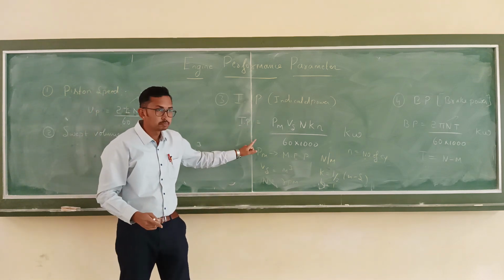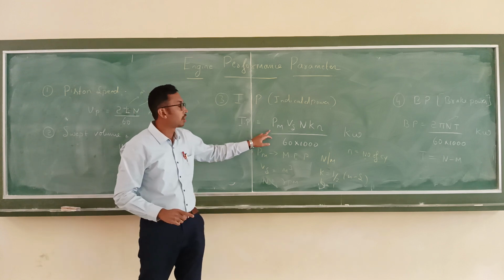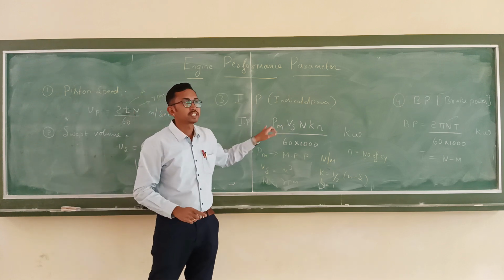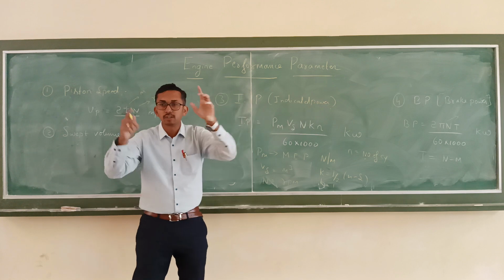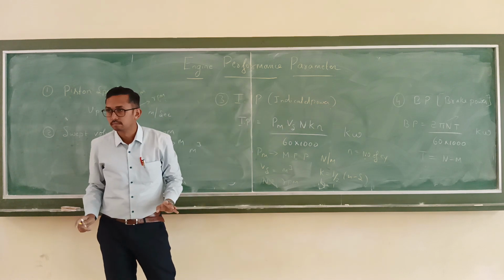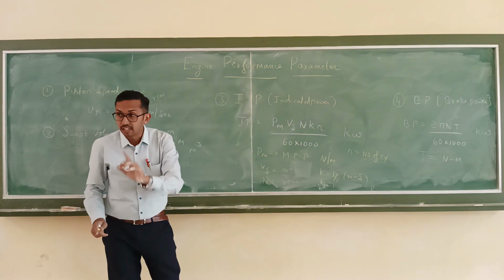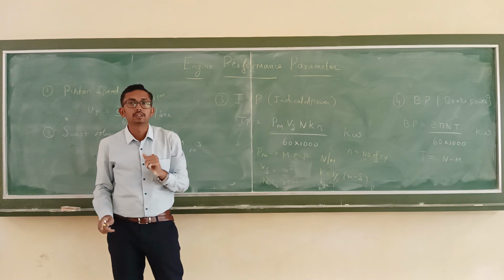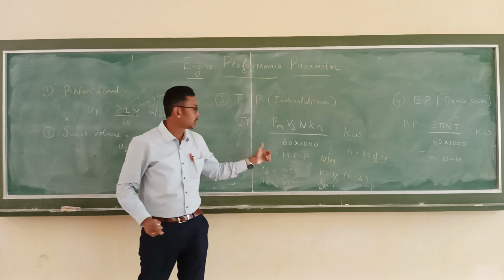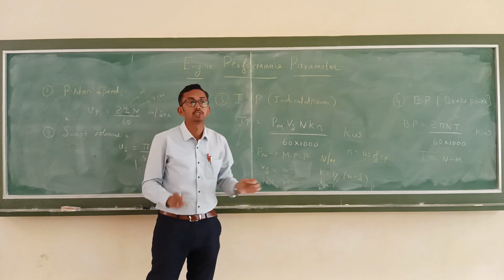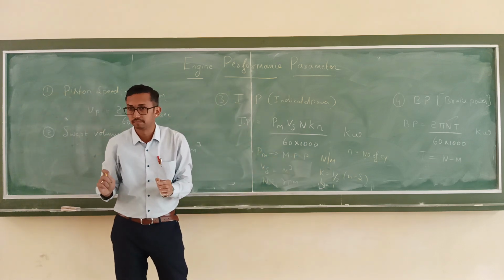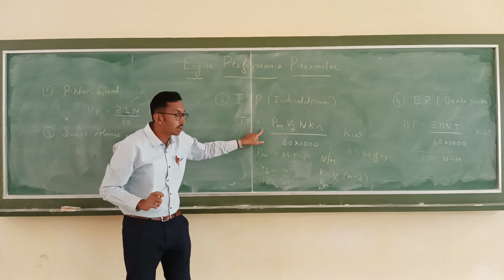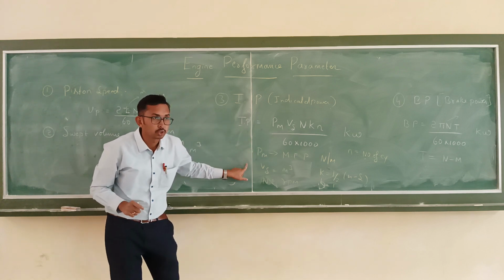Okay. In some textbooks the formula is Pm L A N K n into 10 by 6. But the substitution of the units will be different in that case. In that case, the mean effective pressure has to be substituted in bars. In this formula, what is the unit of mean effective pressure?